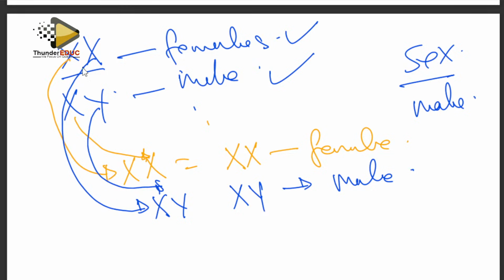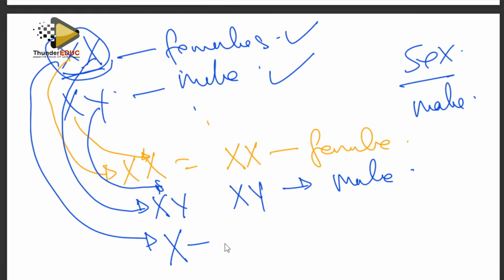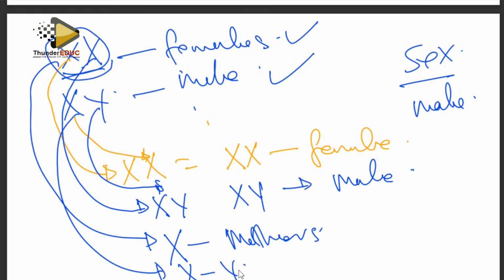So it means that children always inherit an X chromosome from the mothers, while males can be either X or Y. Females have 2 X, X and X. Males have X and Y. Okay, 2 marks.